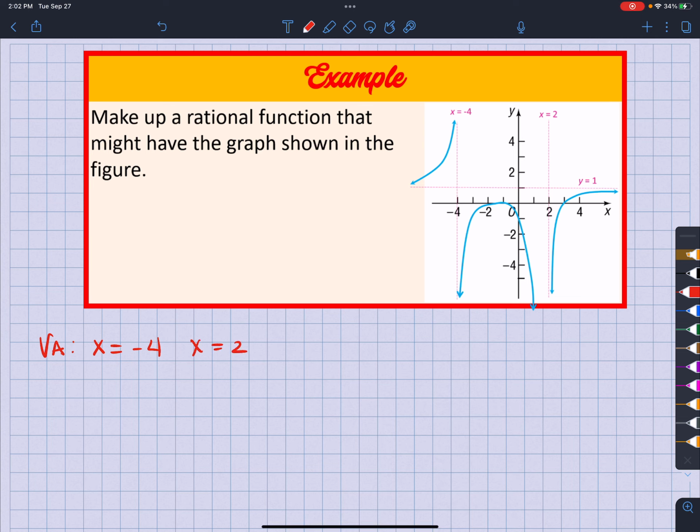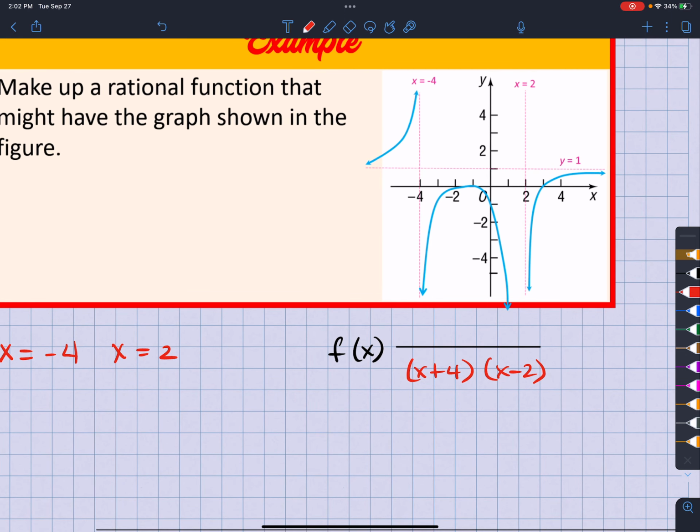Okay? So if that's the case, then I can already start my function, because I know my denominator has to have an x plus 4 and an x minus 2. Not just that, guys. Look at this.